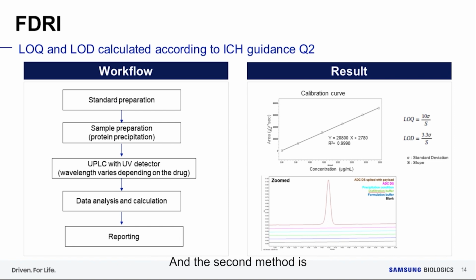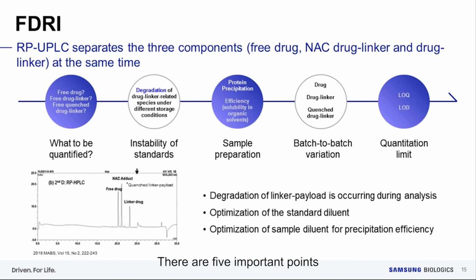And the second method is both LOQ and LOD can be determined by a signal-to-noise ratio. For LOQ, 10 multiply, and for LOD, 3.3, by multiplying the signal-to-noise ratio. There are 5 important points to consider when analyzing free drug-related impurities.